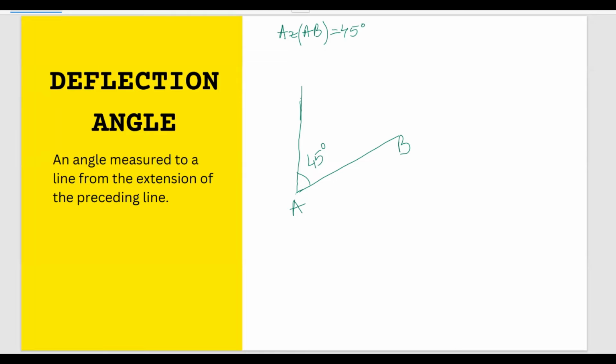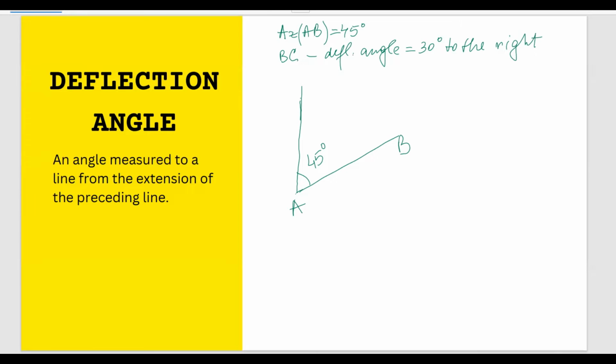And now for the next line, BC, you're given that the deflection angle is equal to, let's say, 30 degrees to the right. You're always going to be given a deflection angle as a certain number of degrees to the right or to the left. And now let's see, how do we represent that?